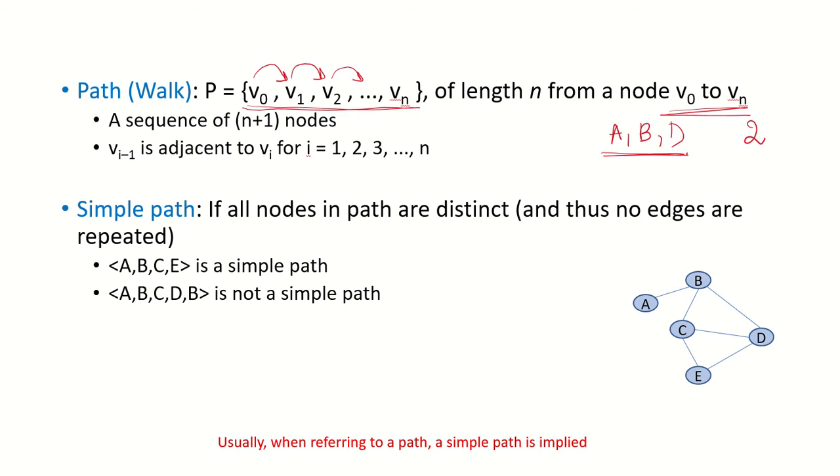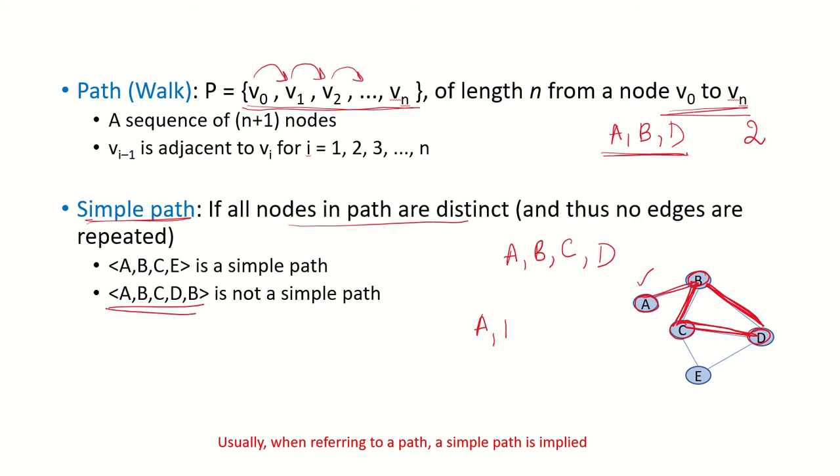If in a path all the nodes are distinct, then we say it is a simple path. So like we say A, B, C, D. Here we have 4 distinct vertices A, B, C and D. So this is a simple path. But if we say a path like A, B, C, D, B, this is also a path.